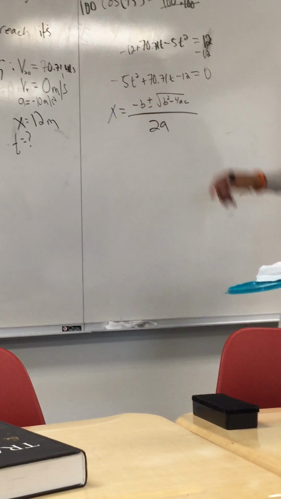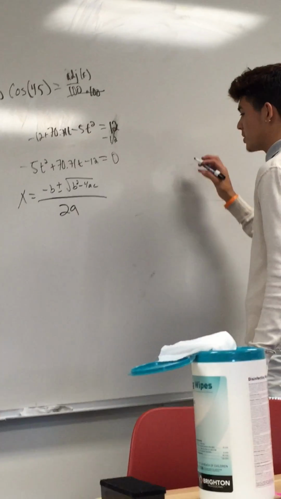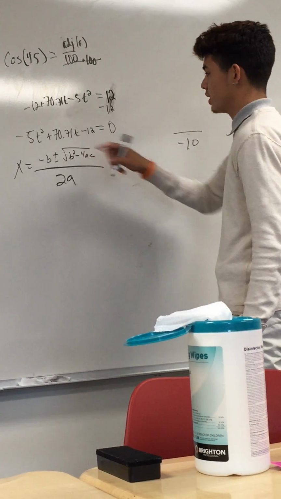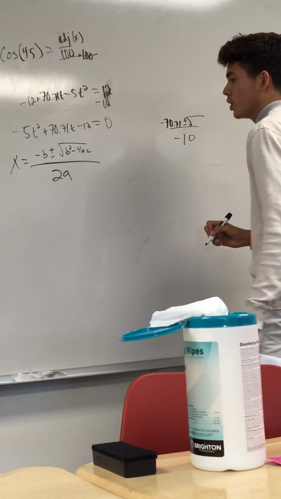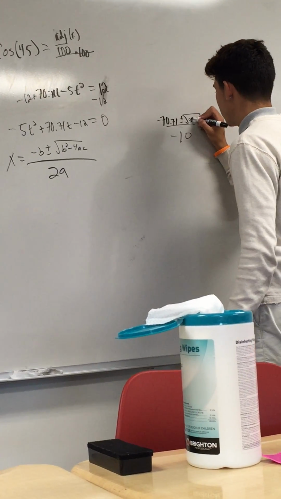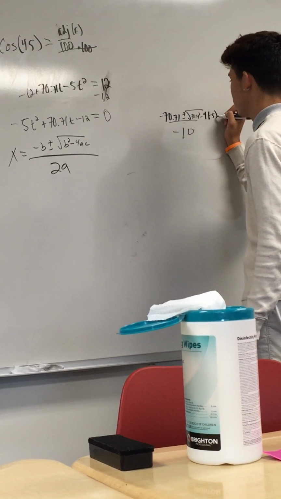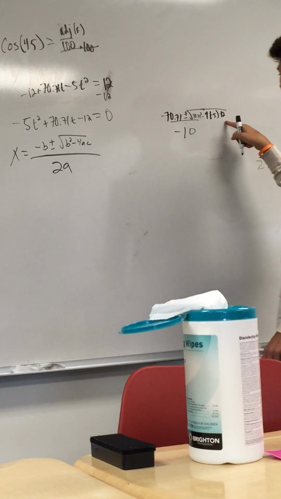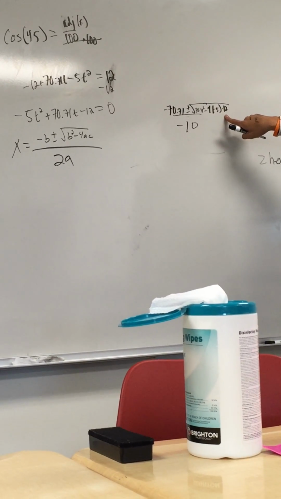So a in this case would be negative 5. So it would be 2 times negative 5, which is negative 10, under negative b, which is negative 70.71, plus or minus the square root of b squared, which is 70.71 squared, minus 4 times negative 5 times negative 12. And this right here is just negative 20, this positive 20 times a negative 12.